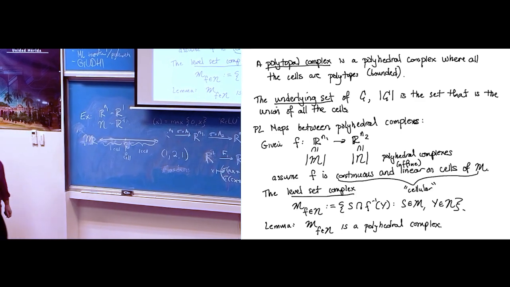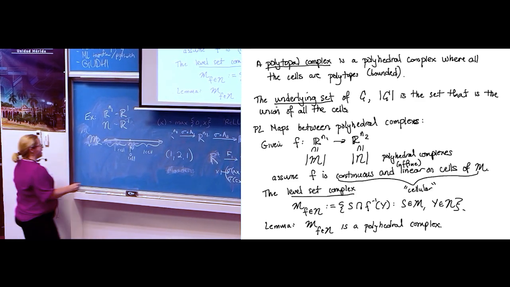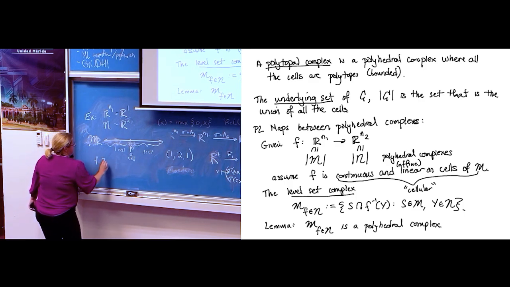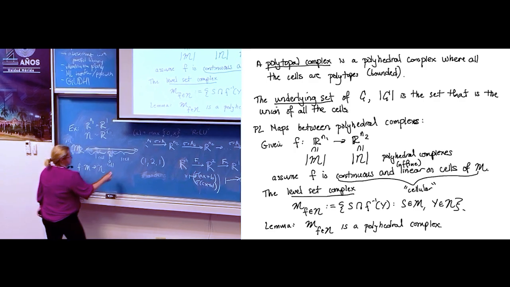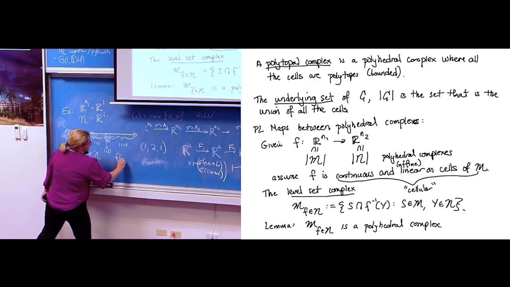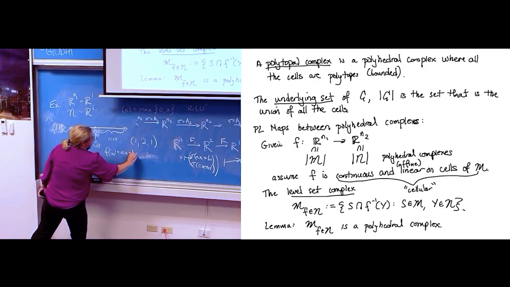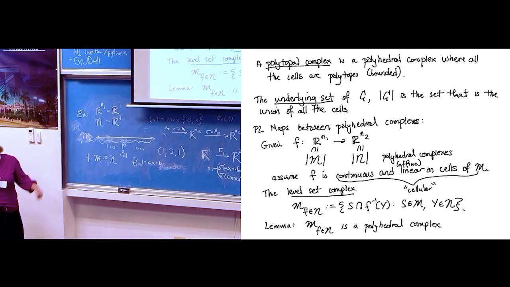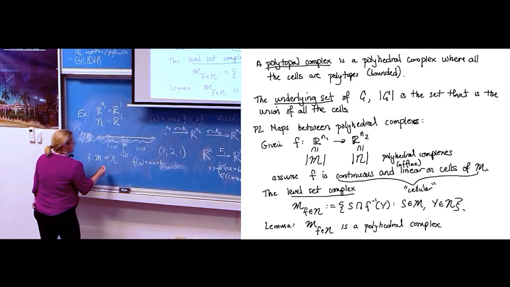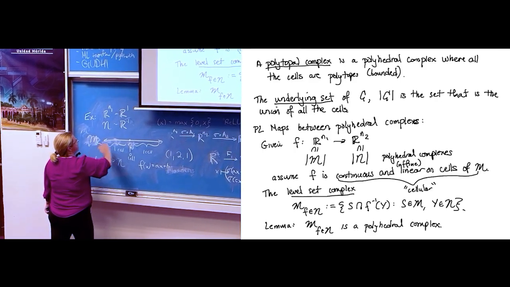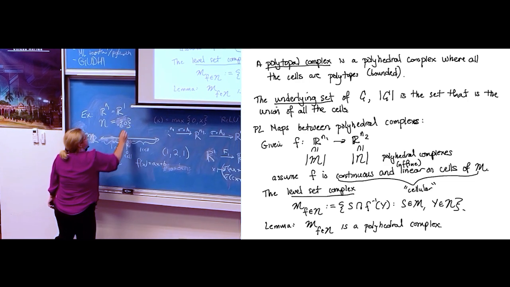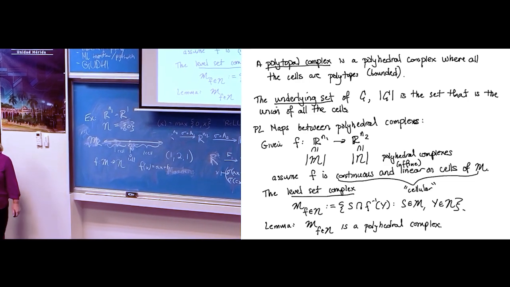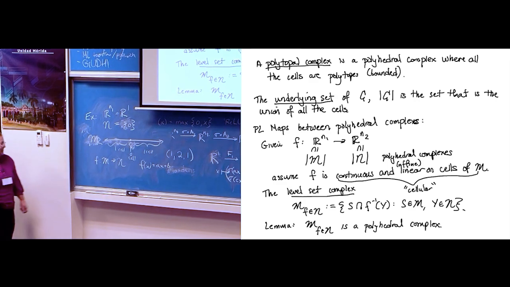And let's say my map f goes from M to N, and let's say it's f of x equals ax plus b for some a and b. And I'm changing my example: I'm going to make N just the single cell 0.